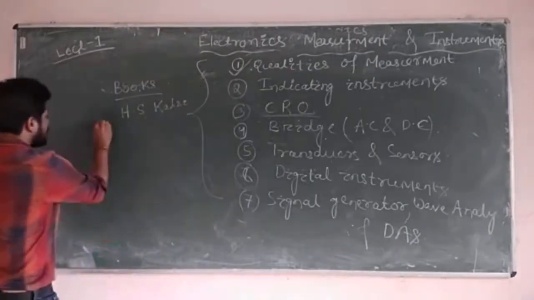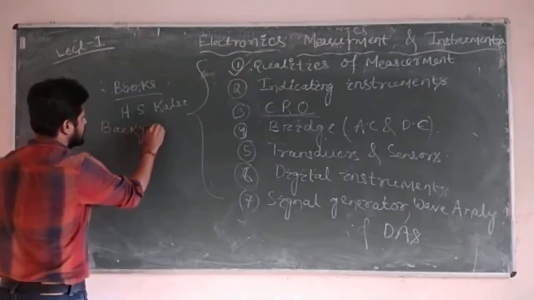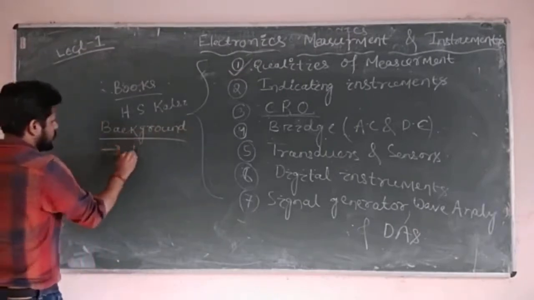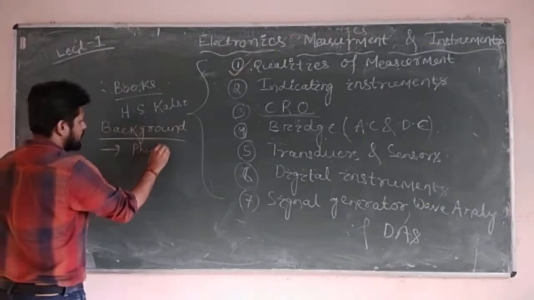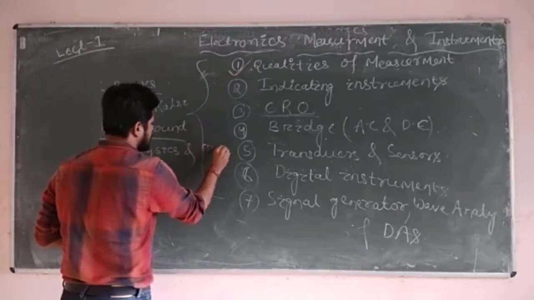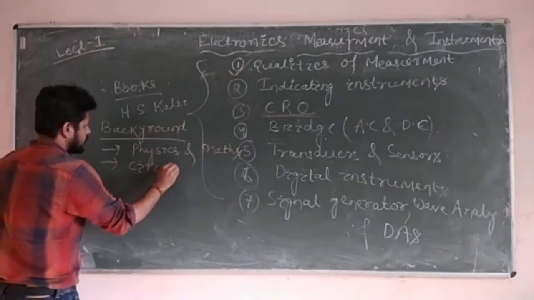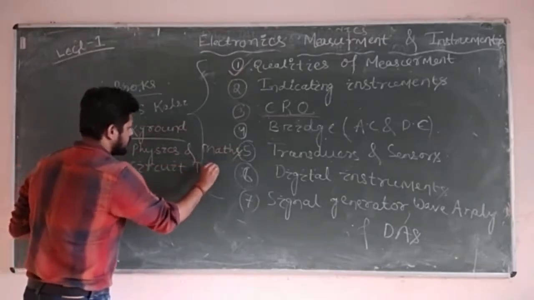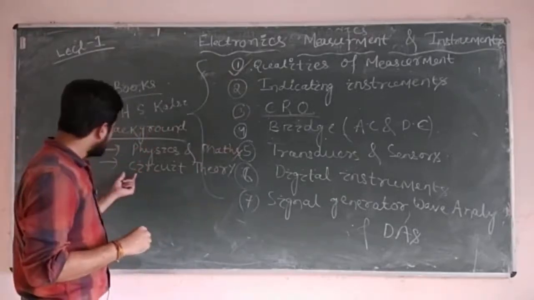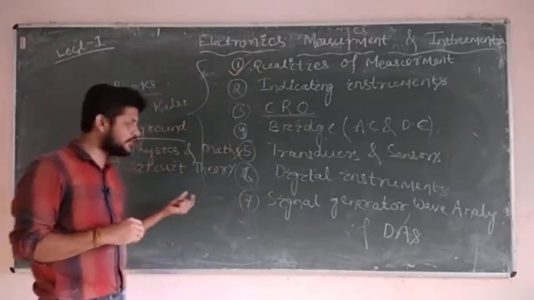And the background prerequisite knowledge for this subject is your physics and math, some portion of math. Second thing is your circuit theory, which we are studying in this semester only, and obviously you have all studied about circuit theory in your basic electrical engineering.